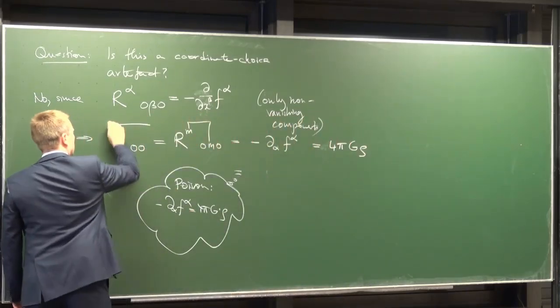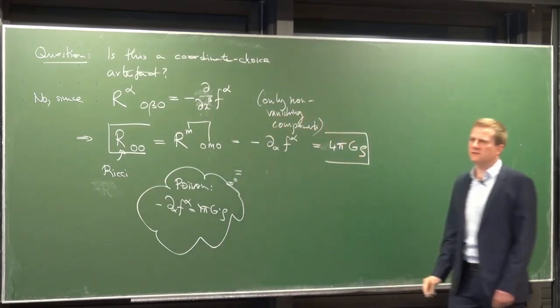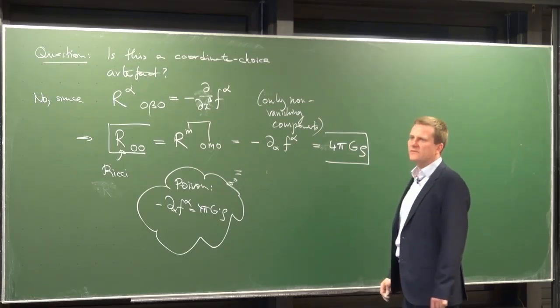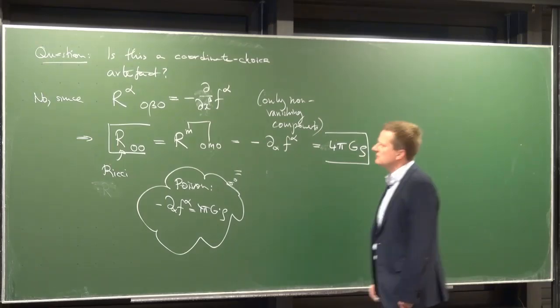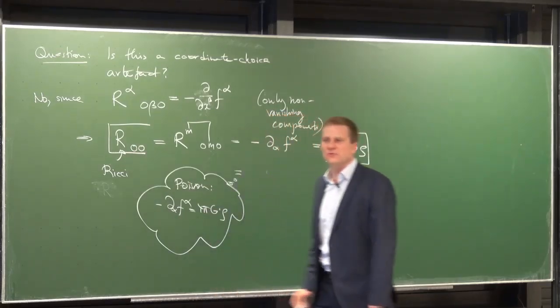Interesting, if you know general relativity, because you could call this the 0,0 component of an energy momentum tensor, and then you get something like R00 equals T00.